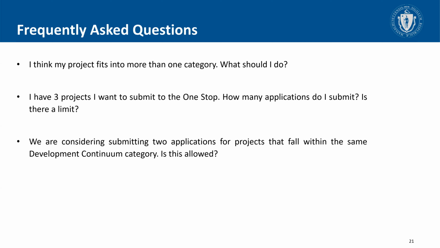That's where you'll run into the situation where in the evaluation, there will be consideration given to the fact that you have more than one application and they will be evaluated essentially against each other. And whichever one is stronger may not be the one that you needed. So that's why we ask you to think strategically about each annual round to submit things that you really have priority over for that year.